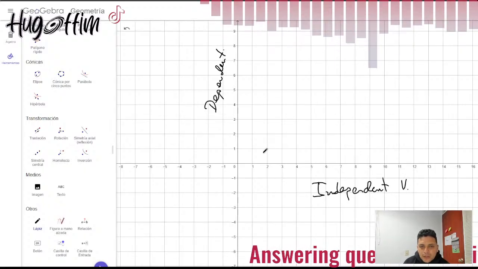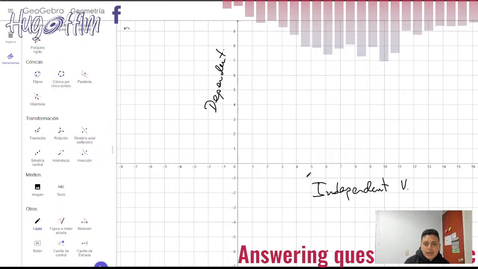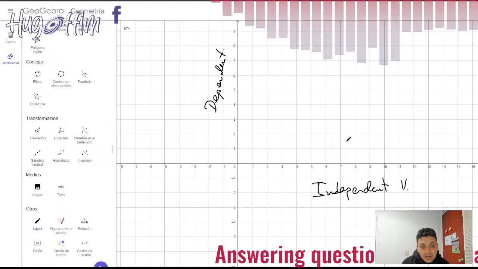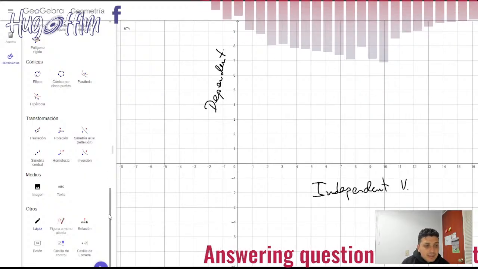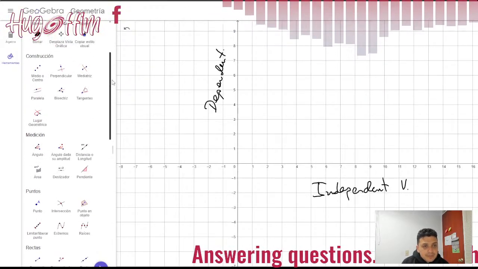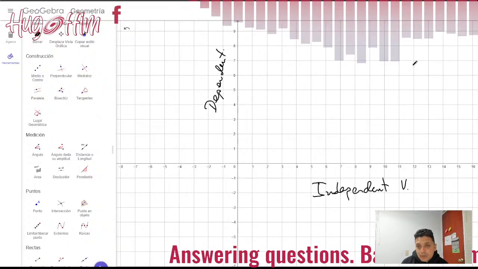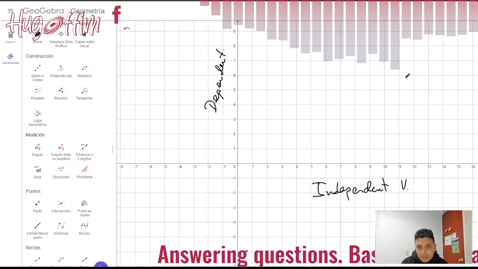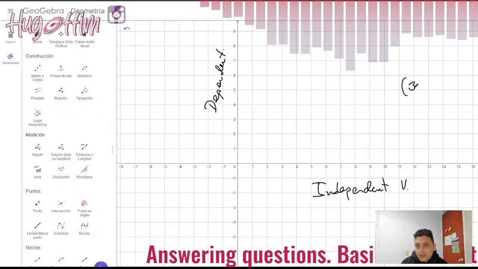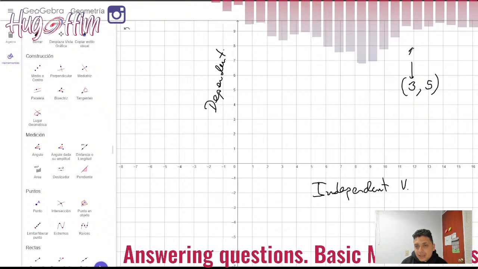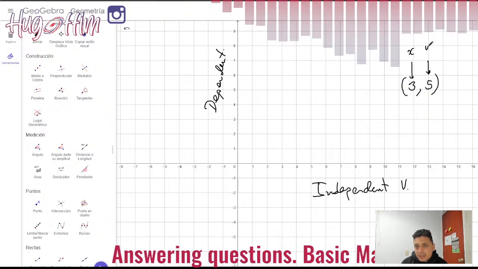So this is what you do when you provide coordinates on a Cartesian plane. Now, if I'm going to put a point on a Cartesian plane, I need to provide information of the independent, then the dependent variable. So, for example, I'm going to say 3, then 5. So it means independent x and dependent y.